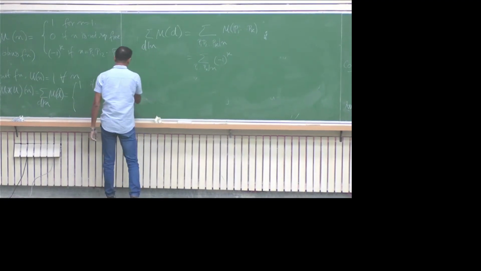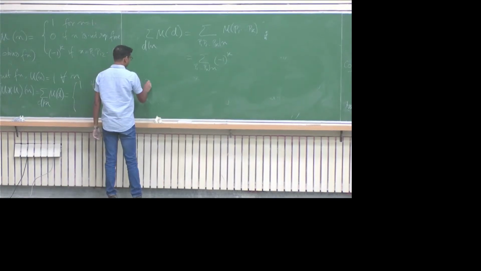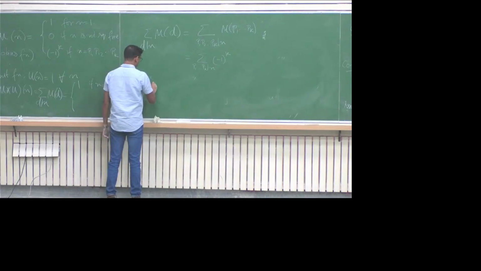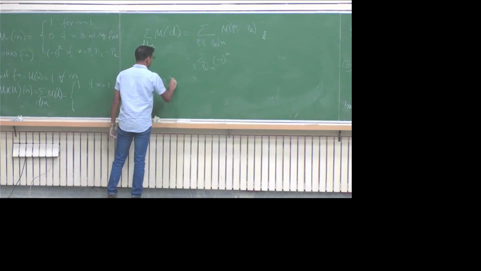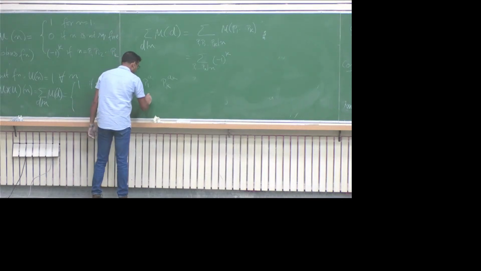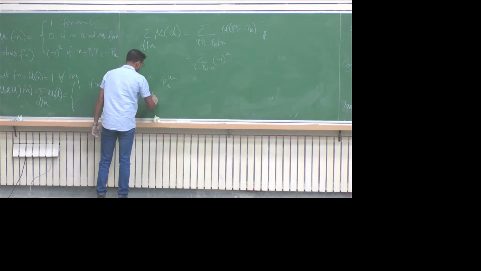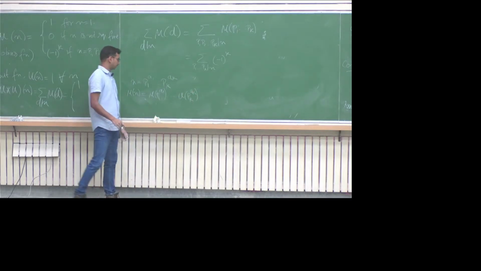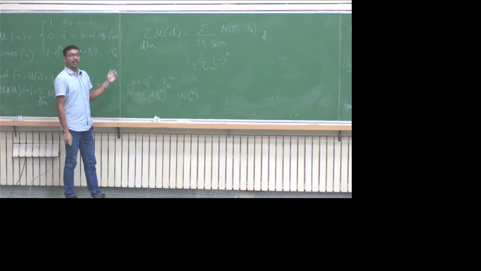So we write n as p1 to the power a1, ..., pk to the power ak, and then mu of n is equal to mu of p1 to the a1 ... mu of pk to the ak, right? And so you can do the same thing with d, right?